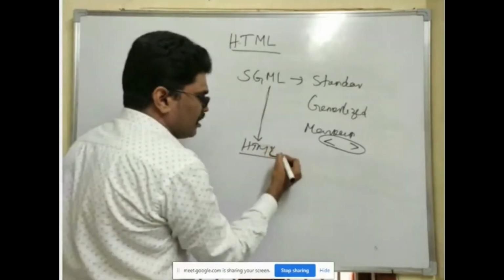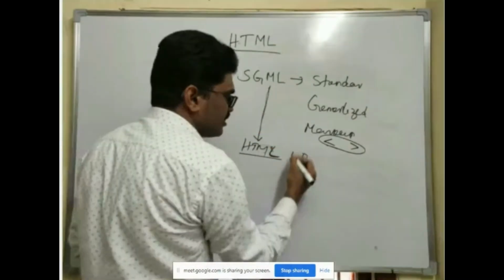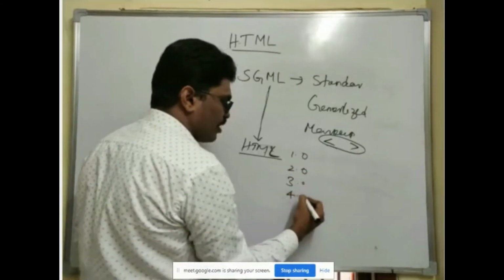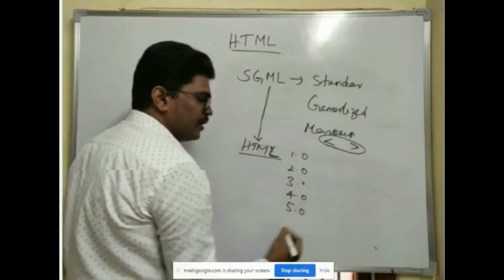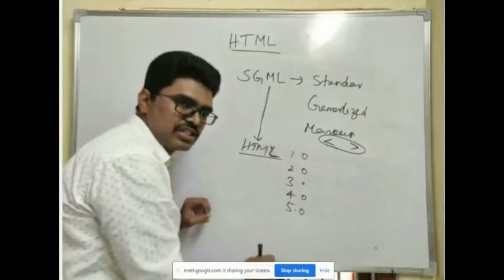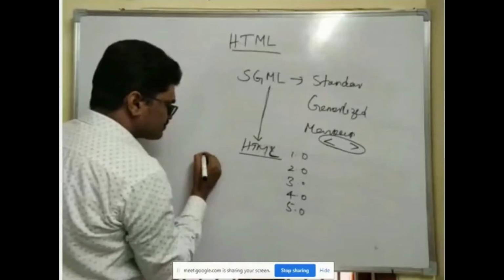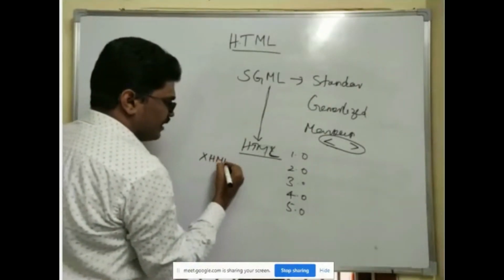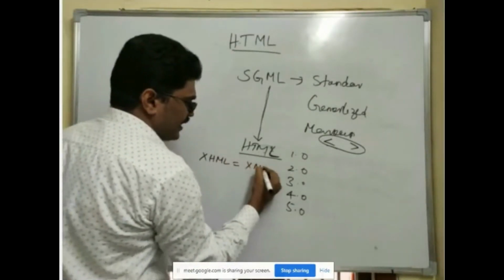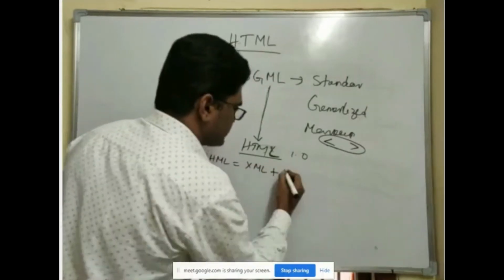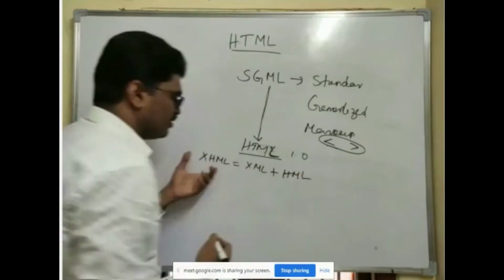So HTML also went through so many changes. There are 1.0, 2.0, 3.0, 4.0, 4.1, and now we have 5.0. There are different versions. The major change came when HTML became XHTML. When they included XML plus HTML, it became your XHTML.